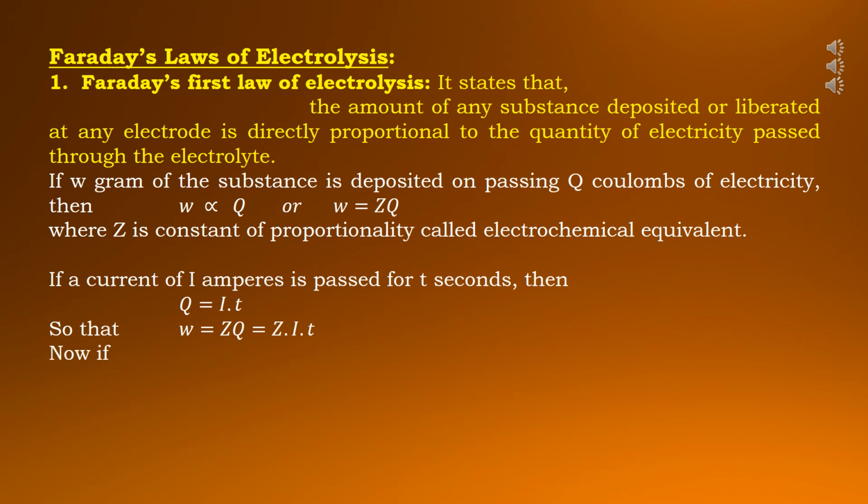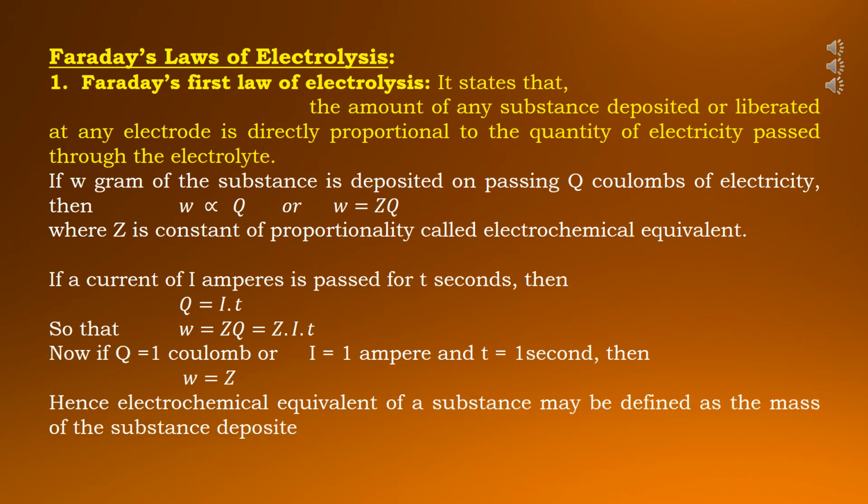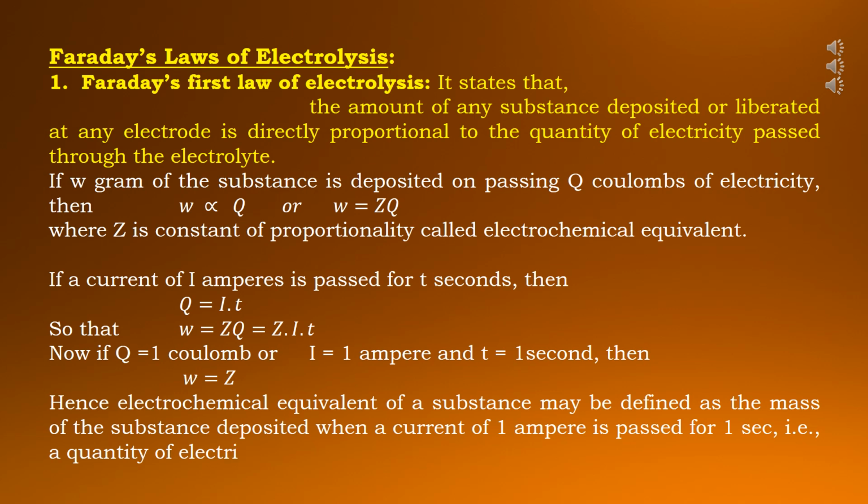Now if Q is equal to 1 coulomb, or we can say if 1 ampere of current is passed through an electrolyte for 1 second, then W is equal to Z, that is electrochemical equivalent. Hence, electrochemical equivalent of a substance may be defined as the mass of the substance deposited when a current of 1 ampere is passed for 1 second. That is, a quantity of electricity equal to 1 coulomb is passed.